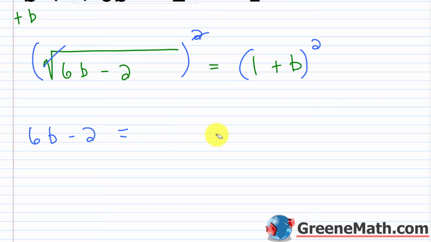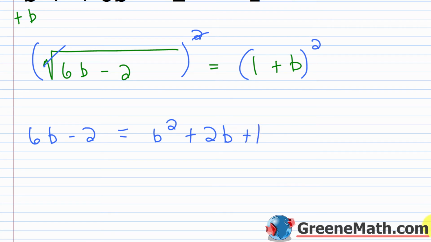We've covered that many, many times, and at this point in Algebra 1, you should realize this needs to be expanded. Now, fortunately for us, we know the formula for this to do it very quickly. It's this guy squared plus 2 times this guy times this guy plus this last guy squared. So really, it's b squared plus 2b plus 1. Let's rewrite that. b squared plus 2b plus 1.